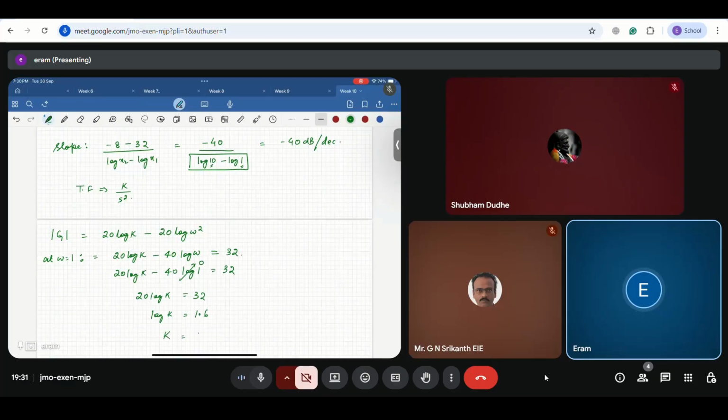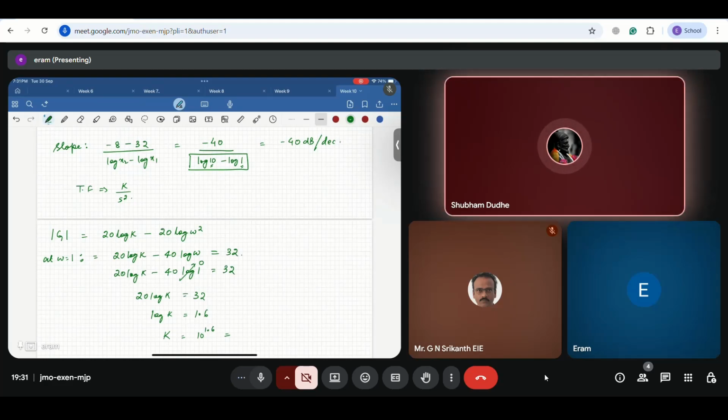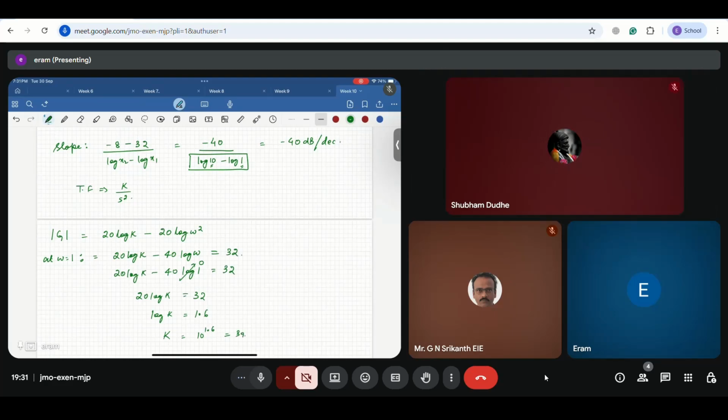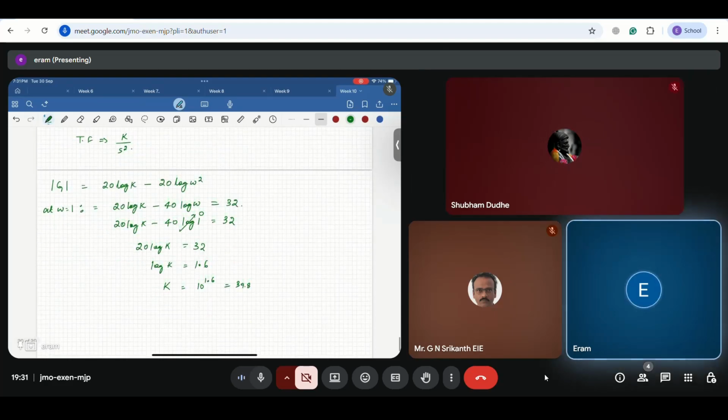So k is 10 to the power 1.6. How much is 10 to the power 1.6? 39.81. So it is 39.8. So what is your final transfer function? It is 39.8 divided by s square.